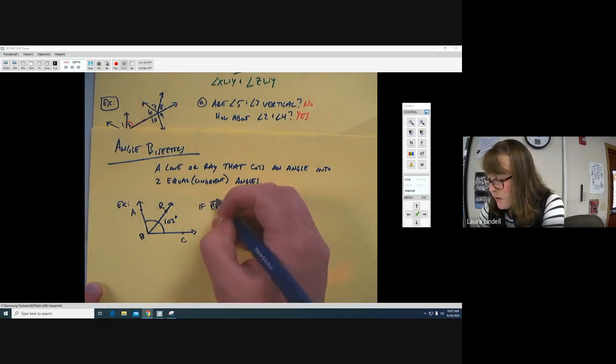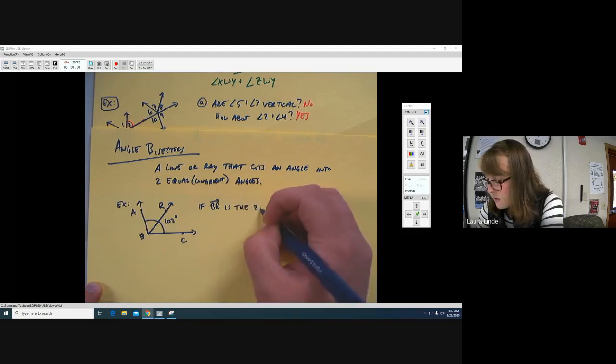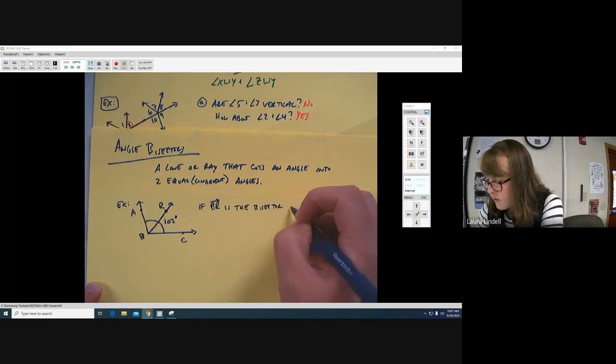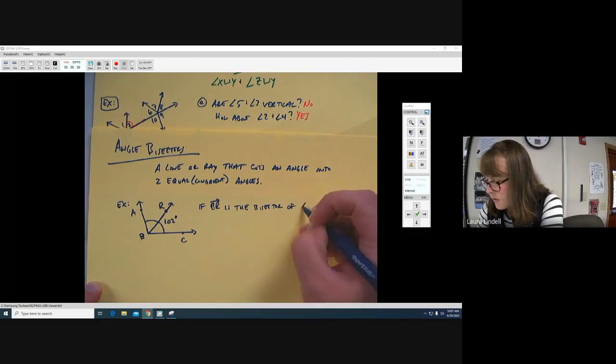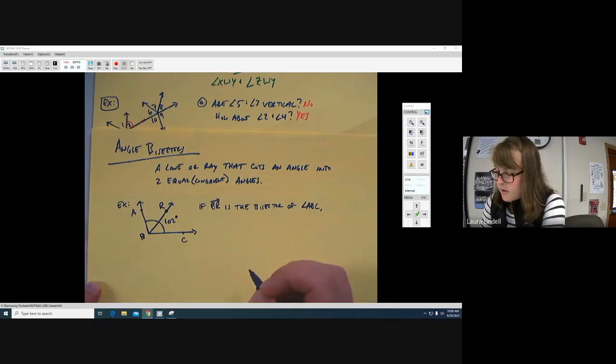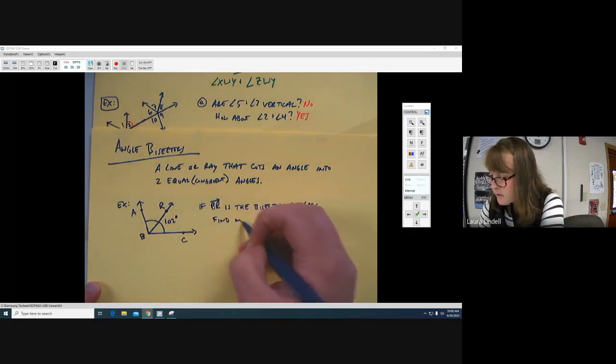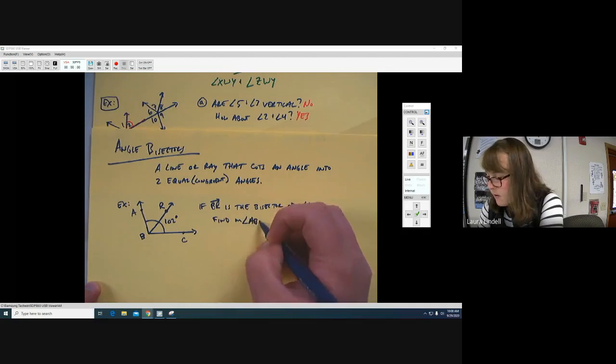If ray BR is the bisector of angle ABC, find the measure of angle ABR.